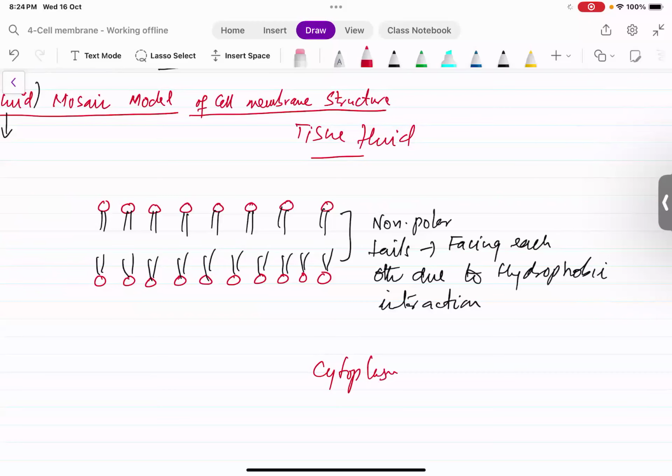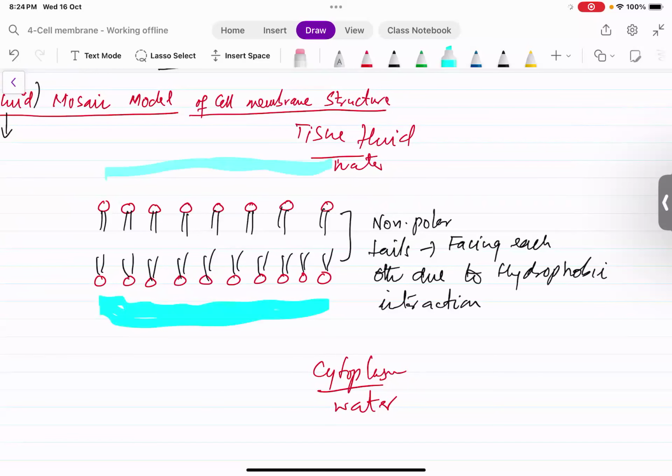Both of them contain water as a solvent. So that's why polar heads are facing towards water and they make hydrogen bonding with the water on the outside. These are hydrogen bonds present between the polar heads and the water molecules on the outside.